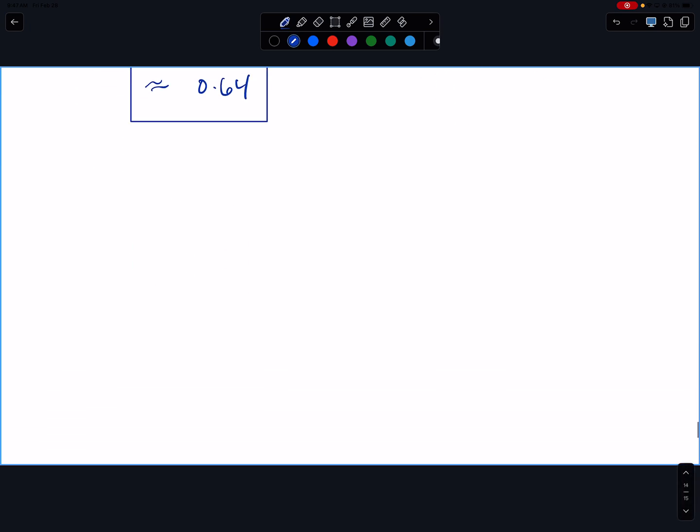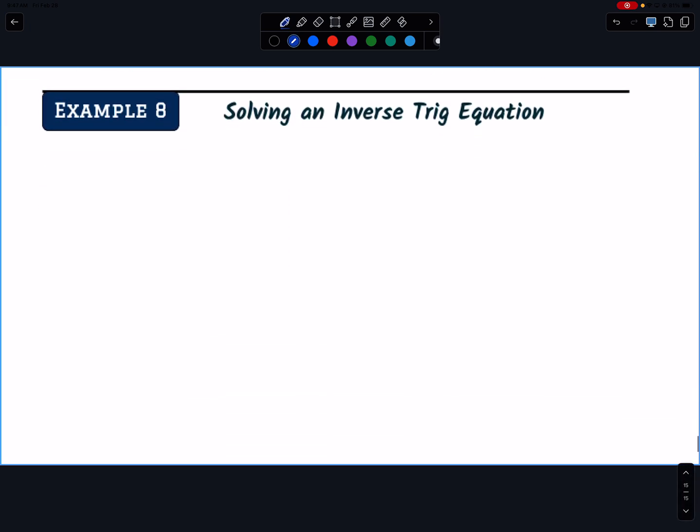All right, so in this chapter, you guys will learn how to solve equations. So this is kind of like an introduction to that.